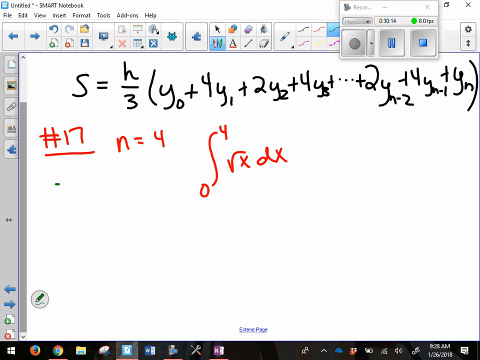I find that when I do this, it's useful to make the x and y values, and as a matter of fact, I wouldn't even do it as a table. So for instance, what's x0 going to be equal to? Zero.